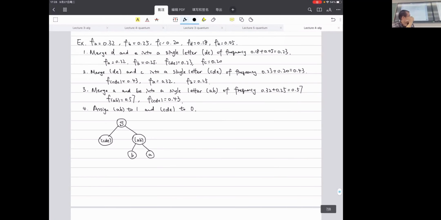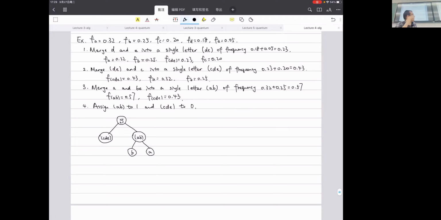But for the sake of conciseness, to make everything simple, each time whichever one is larger we make it 1 and the smaller one 0. So on AB, for convenience, we make this to the right, and we make CDE to the left. And at this level, we make A to the right and B to the left. This is just for the sake of making everything look good.